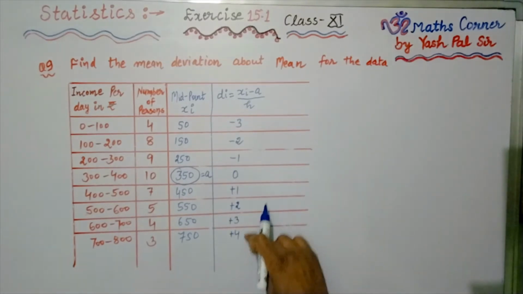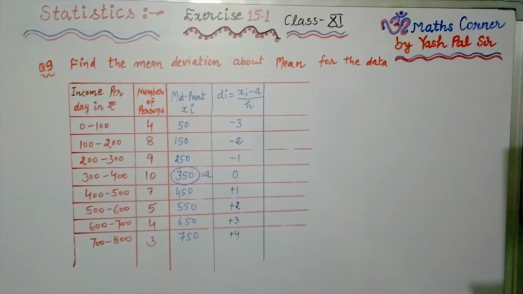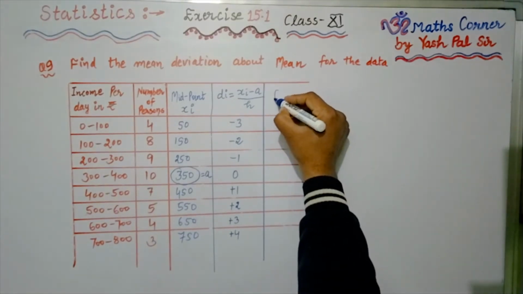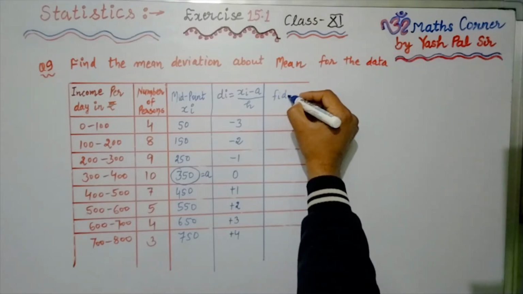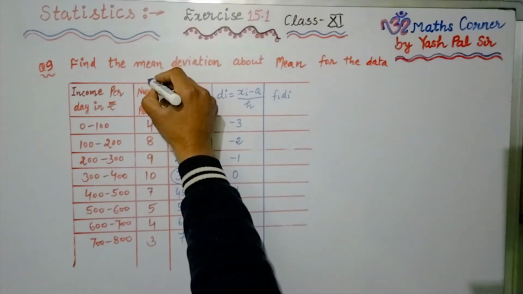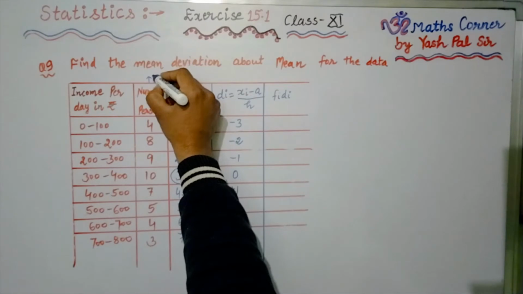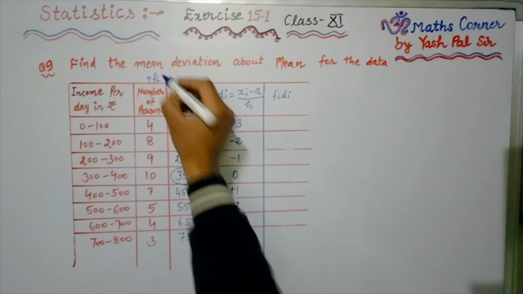Right, this way. So we have written these terms in the middle. Now the next column is, we find fi into di. Where is fi? This column is representing fi.